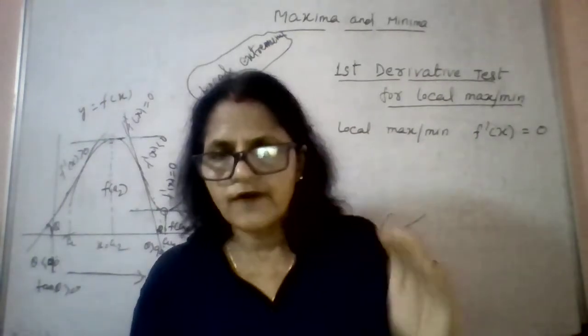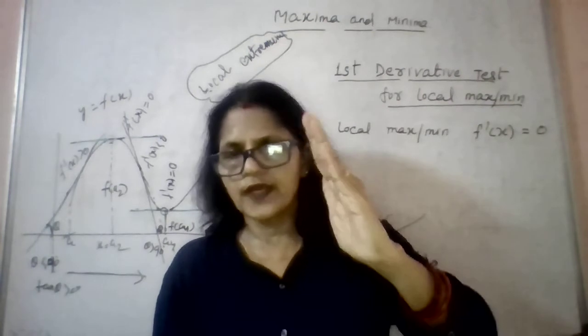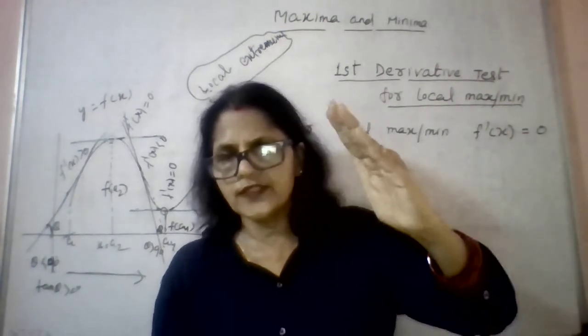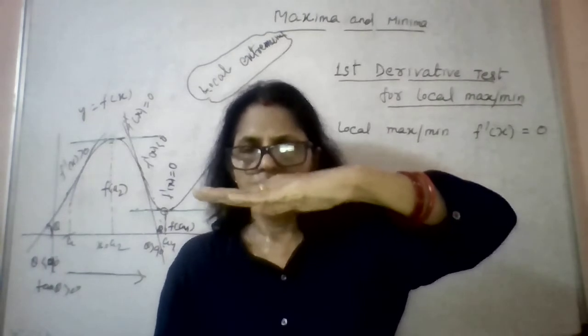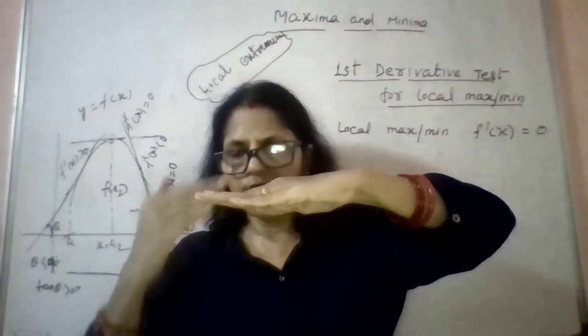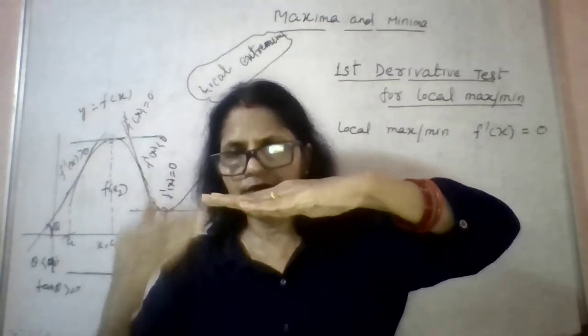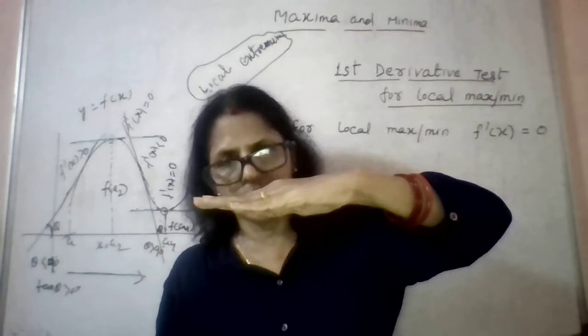First the function is strictly increasing, right? So f dash x greater than 0, then at the point of local maximum it is equal to 0. Then when you are coming down, the curve is decreasing. It means f dash x is less than 0.